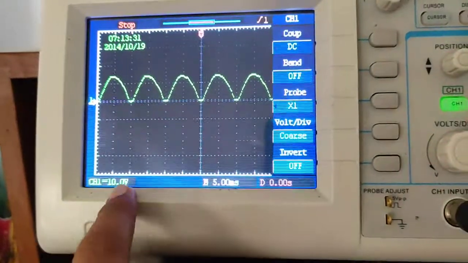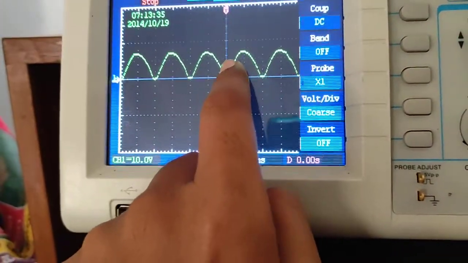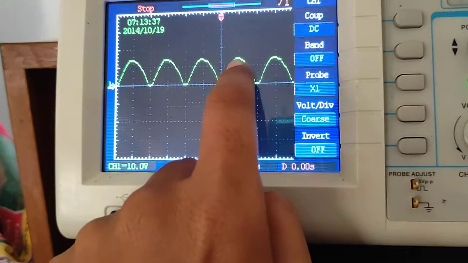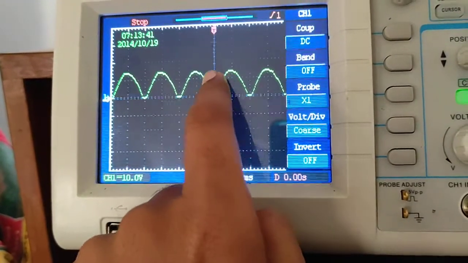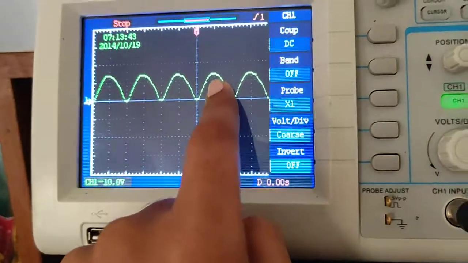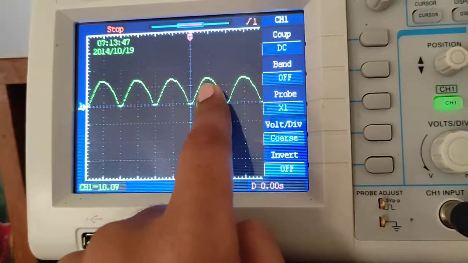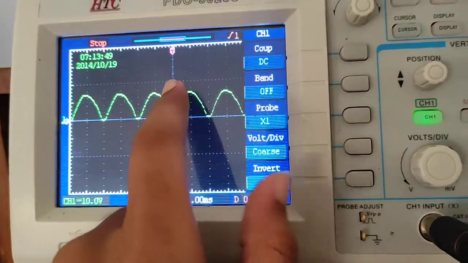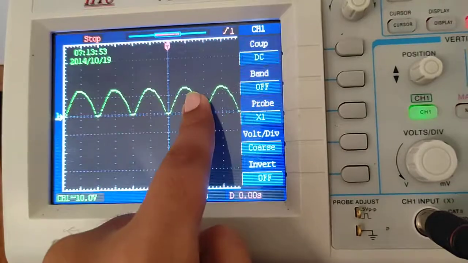And you can observe the y axis scale as 10 volts, which means each box is 10 volts. You can see this is not at 10 volts, it is around 15 or 16 volts. We will have a voltage drop in the thyristor. So, the magnitude of the peak will be a little bit reduced from the input voltage, and we have a bridge rectifier here.